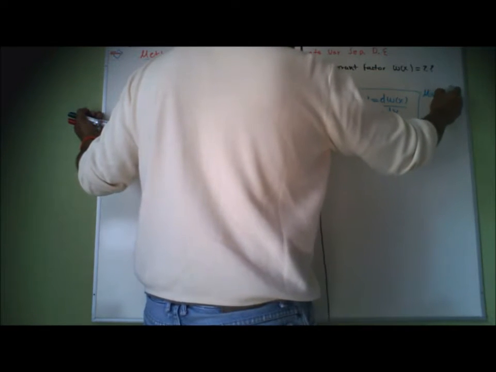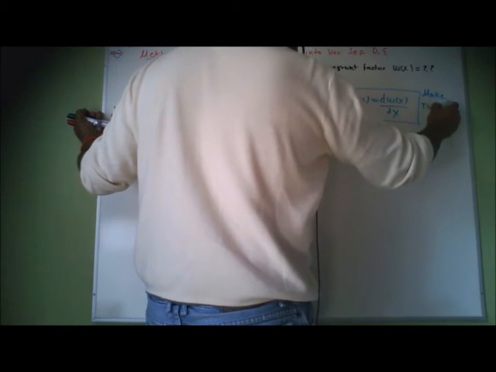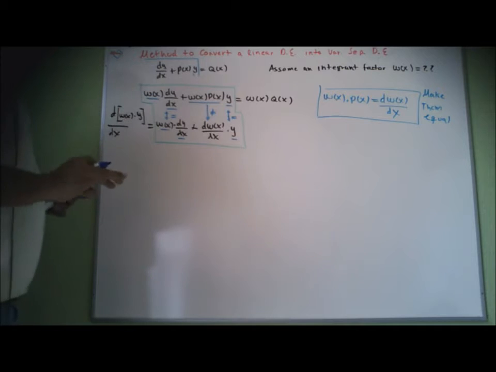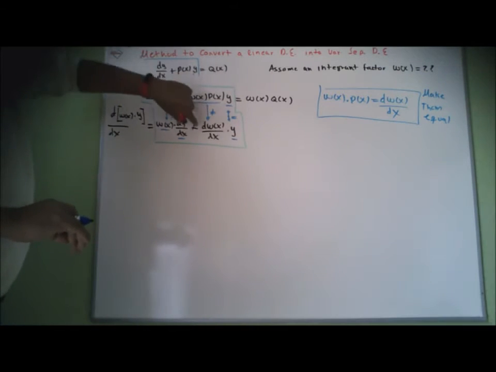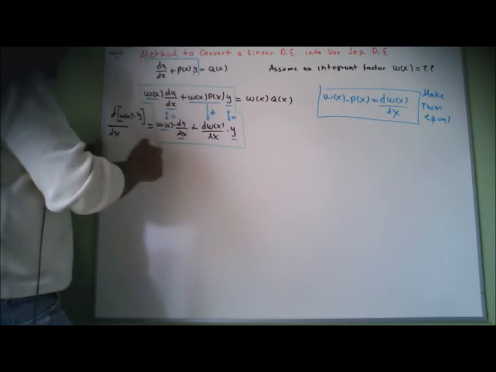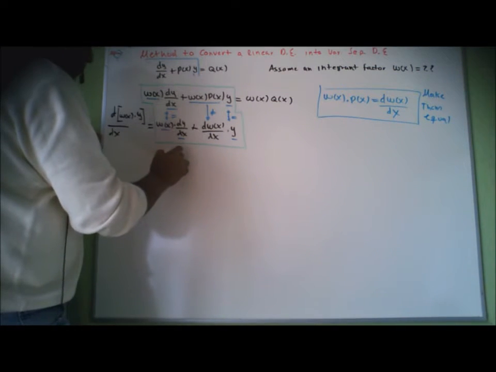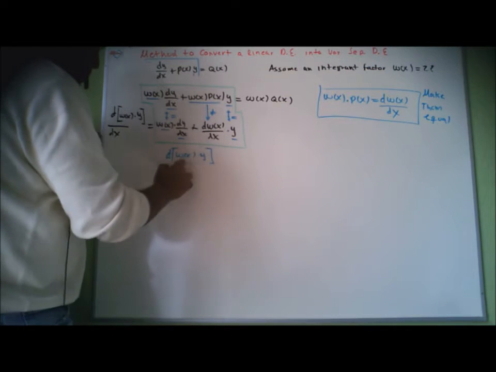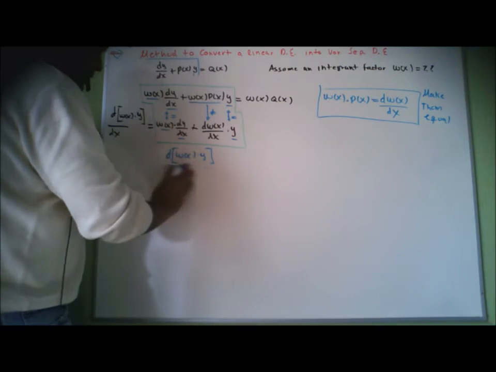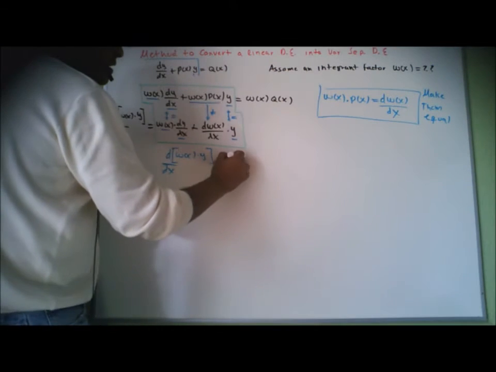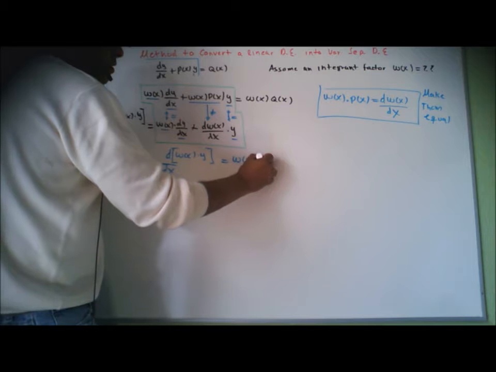You may wonder why we wanted to make it equal. Now, imagine that you are capable of making this equal to this. Because this is equal to this, then this comes from this derivative. So, the derivative of w of x times y with respect to x equals the right side, w of x, q of x.